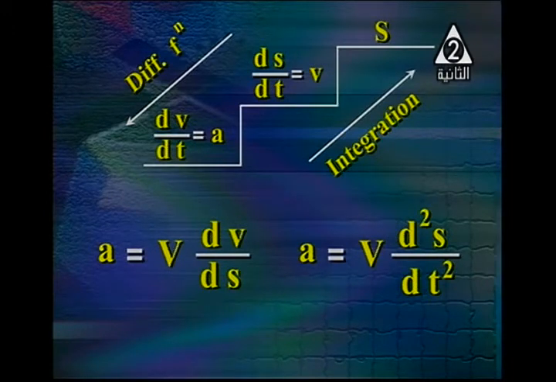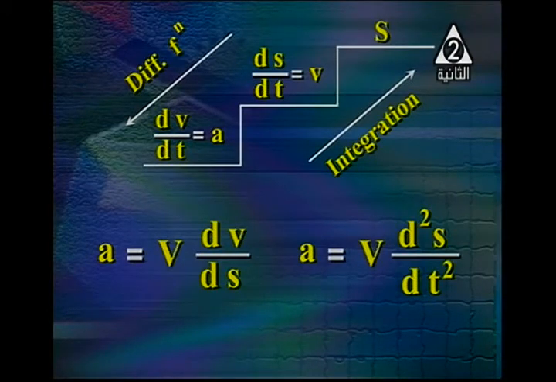By substitution, the second relation between acceleration and velocity is a equals v times d2s over dt squared, but the first is v dv by ds.